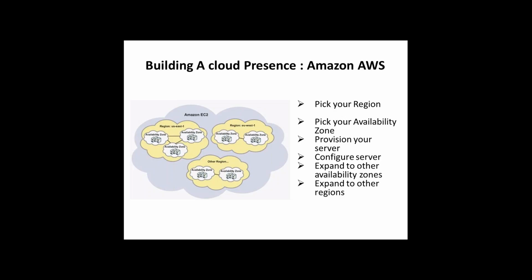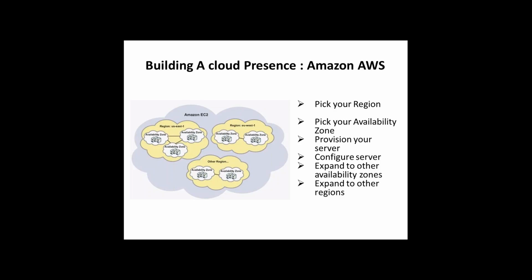So how do we do it in Amazon? It's very simple. If you have an idea in mind, if you want to start an e-commerce site, what you have to do is just create an account in Amazon. If you already have an account, just log into your account. Just select the region where you want. If you are in the US, just select one of the locations in the US. There are multiple data centers in the US also.